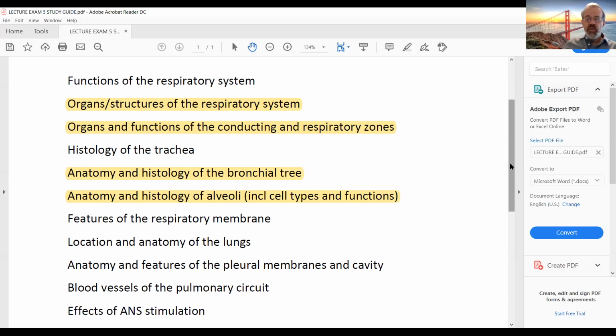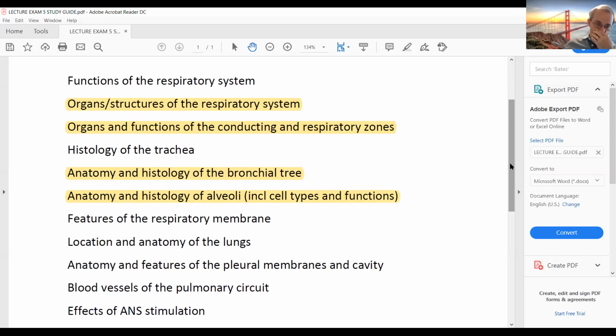For gas exchange to occur, we have to have what's known as the respiratory membrane. And this is very similar to when we're looking at blood going between the capillaries and the tissues. Remember, the capillaries have a very simple squamous epithelium, so very short diffusion distance, very short and rapid.